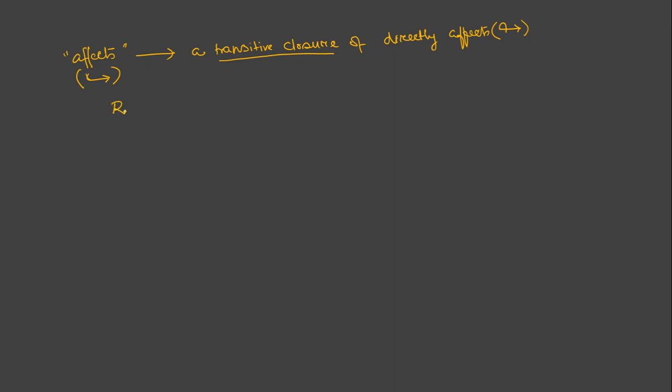So we have something like R1 directly affects R2, and R2 directly affects, say, R3, and so on and so forth, and finally Rn minus 1 directly affects Rn.